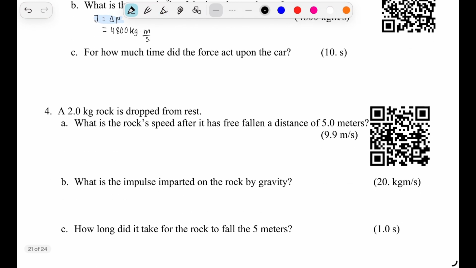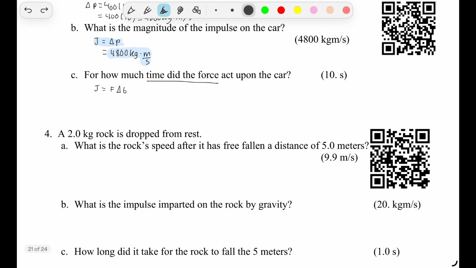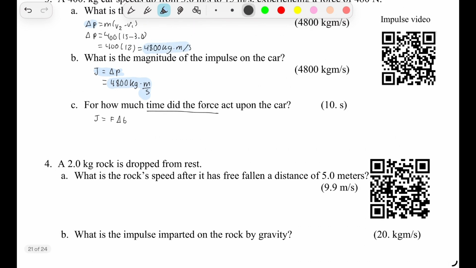For how much time did the force act upon the car? In order to find the time that the force acted, J is equal to F delta T. We know our J is the same as our delta P, so we can plug it in here: 4,800 is equal to our force.